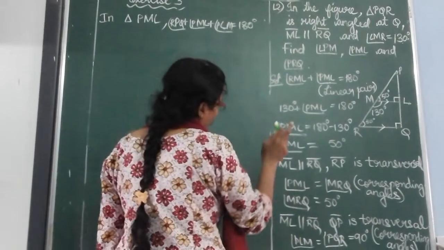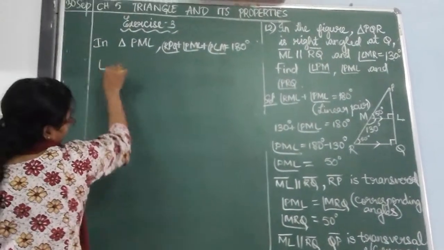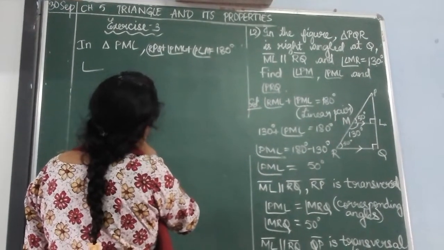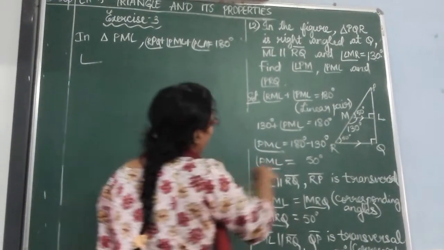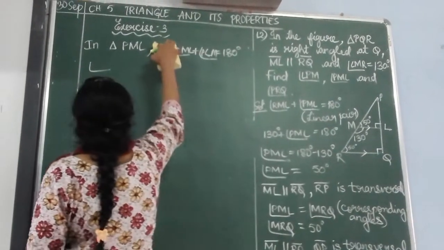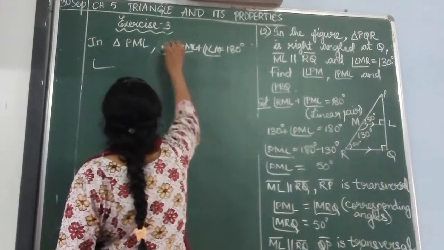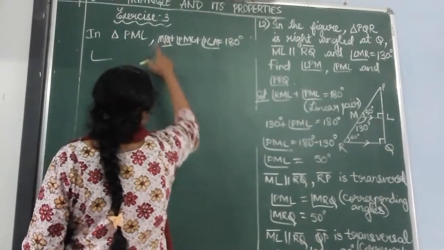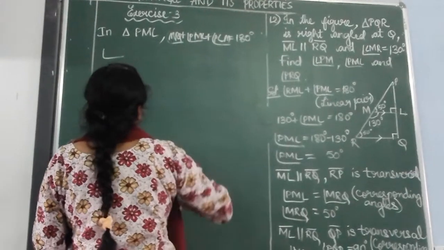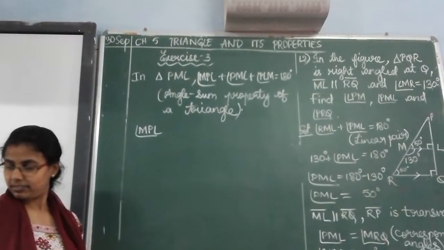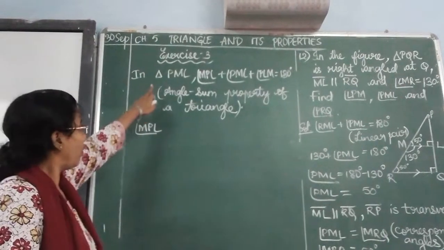You don't know the value of P, so we are going to write it as it is. R, P, Q. Sorry, R, P, Q we are not going to take because we are taking only the smaller triangle. M, P, Q. Okay.